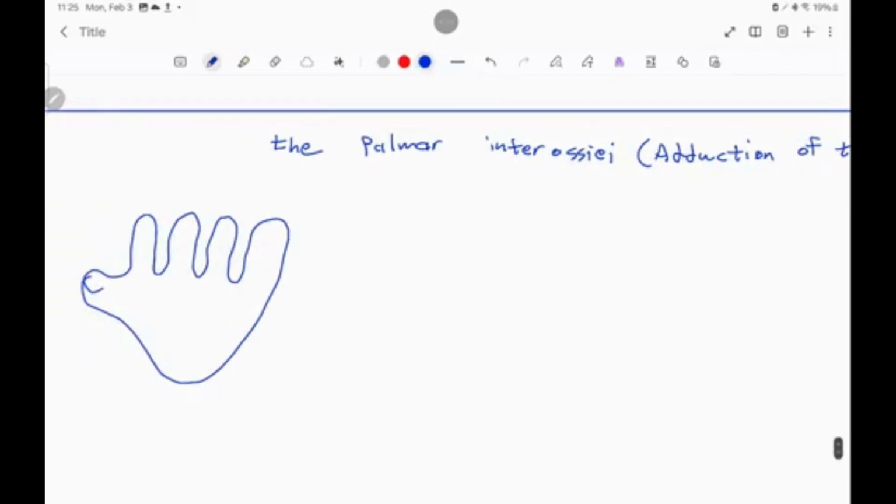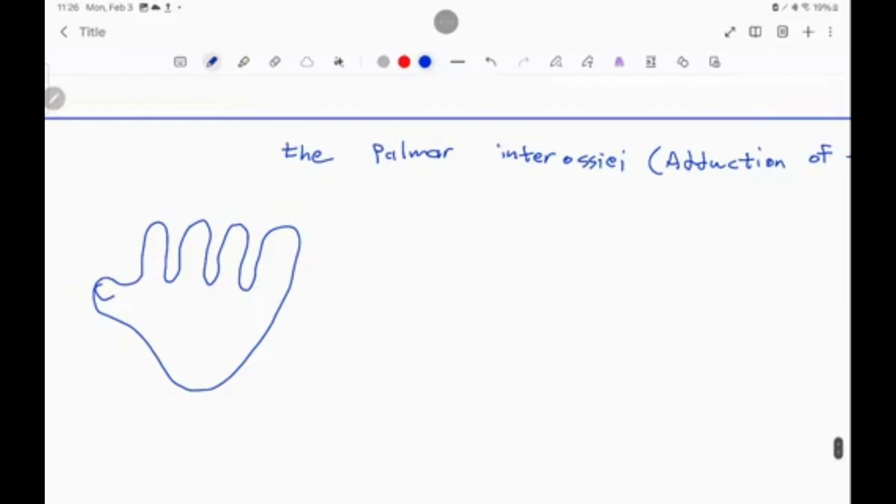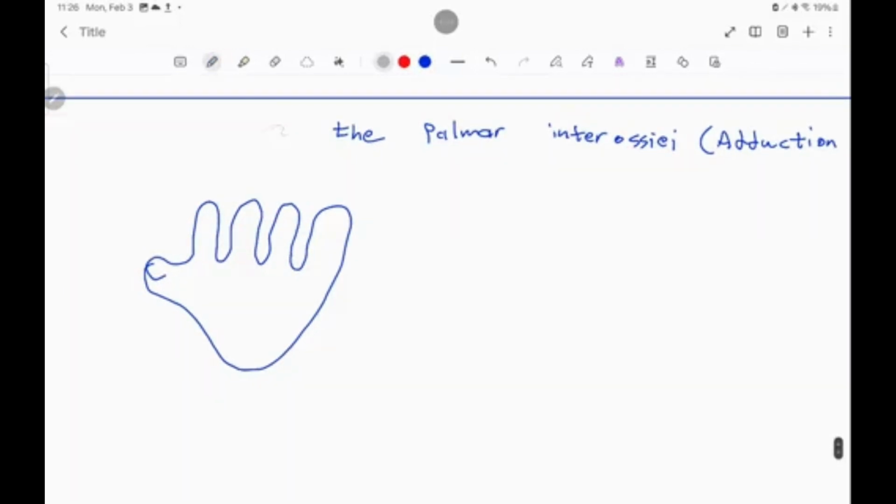Okay, now you will ask yourself, when we do adduction, the middle finger, how will we know if it does adduction or abduction? We cannot say if this is adduction or abduction because there is no central axis. So in this case, what do we always do? Always the middle finger is the axis.